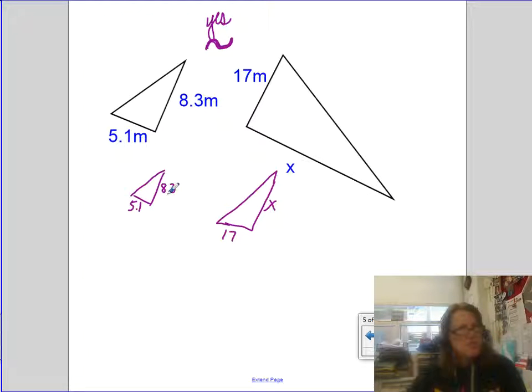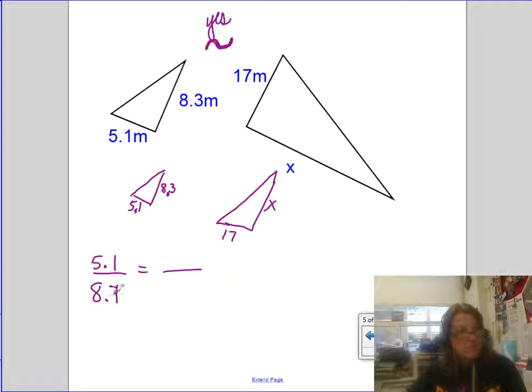It is totally up to you which way you feel more comfortable setting up your proportion. There are about 8 different ways you can do this. I'm happy with any way as long as you're consistent. One option is to say the small side of this triangle, which is 5.1, is to the big side of the same triangle.